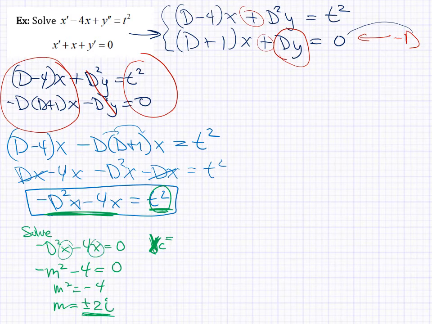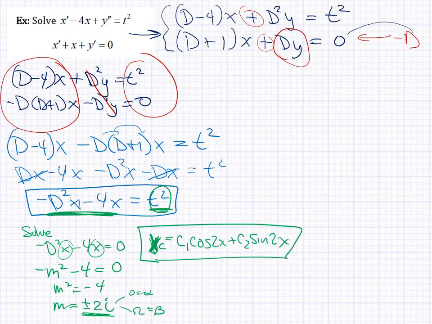X sub c would be alpha is 0, beta is 2. So we'd have c1 cosine 2x plus c2 sine 2x. That's the first piece. Then we need y sub p, or sorry, x sub p.